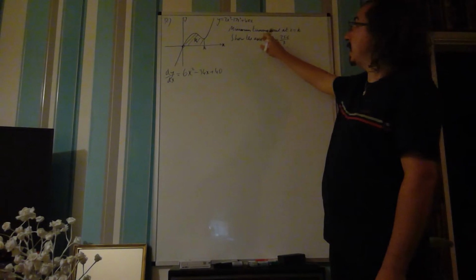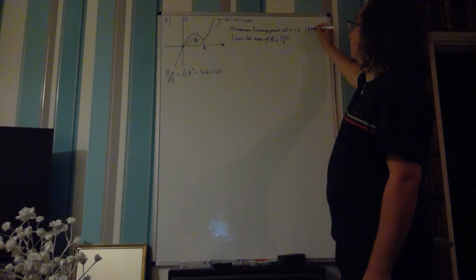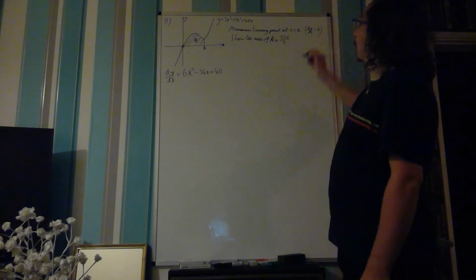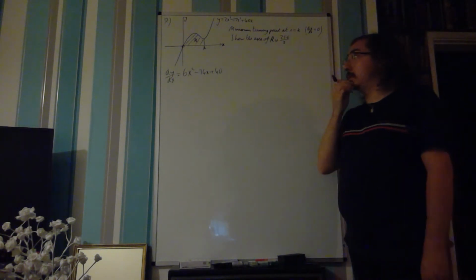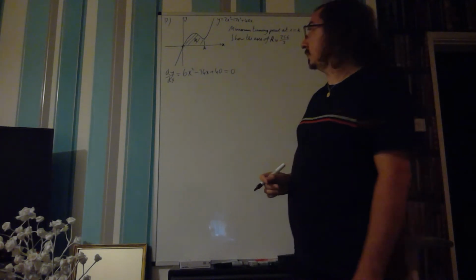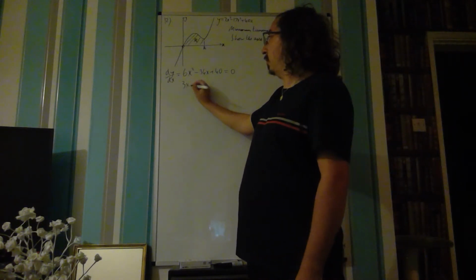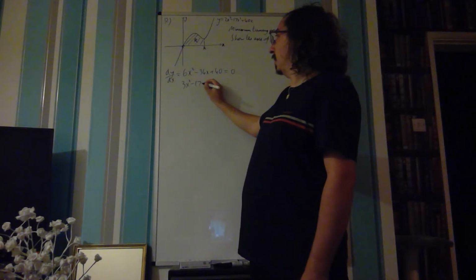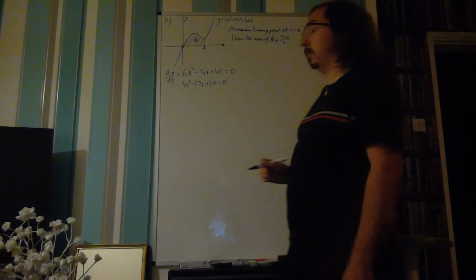Now, because it is a minimum, at this point dy by dx is equal to 0. At any turning point, minimum or maximum, dy by dx is equal to 0. So we can make that equal to 0. Simplify this a little bit, we can divide everything by 2. So 3x squared minus 17x plus 20 is equal to 0.